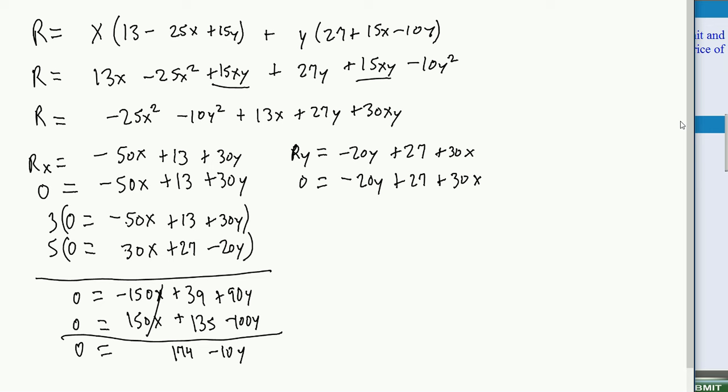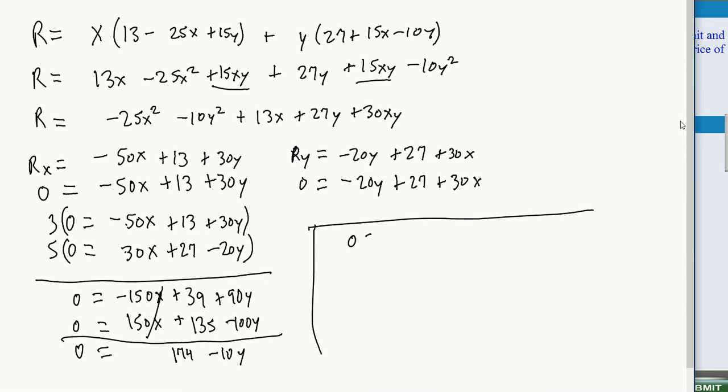All right, so that's just got a y in it. We're actually able to solve that at this point. So 0 equals 174 minus 10y, so 10y equals 174. Divide each side by 10, so that's going to be 17.4.